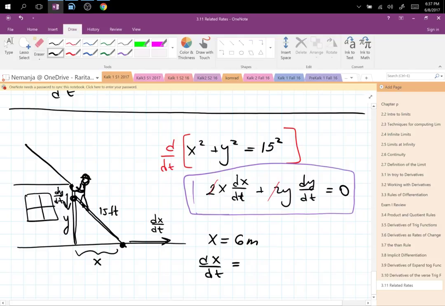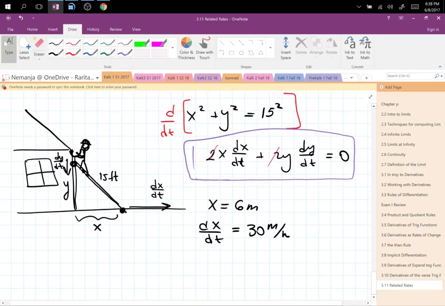And let's say that one is given as, I don't know, 30 meters per hour. All I need to do is to plug all of these values in my equation. So I know that x is 6, and then dx dt is 30.